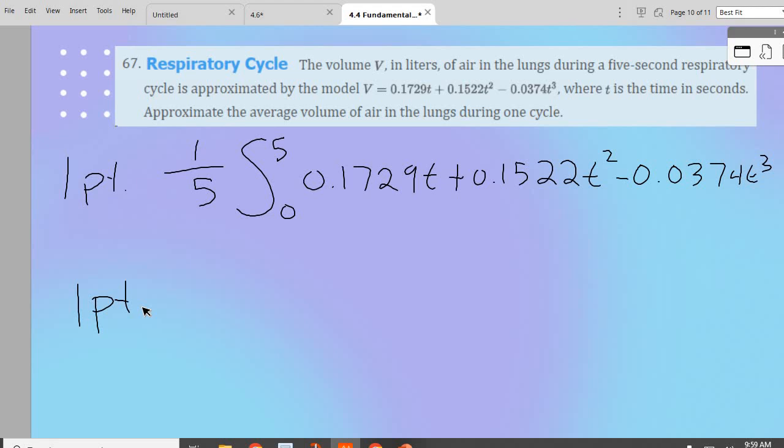And then we're going to type 0.1729, using your X button that is underneath your mode, plus 0.1522x squared minus 0.0374x cubed.